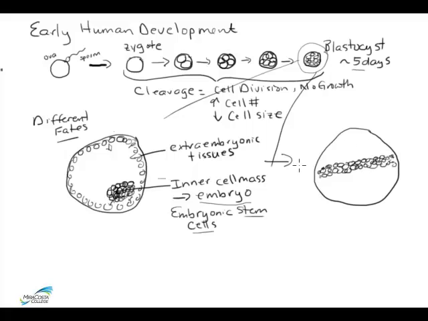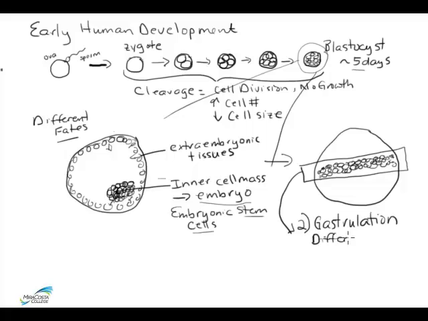Now what happens next is that we're actually going to see this primitive embryo undergo the next stage of development, which is called gastrulation. Gastrulation marks the first time point in development where we see differentiation of these inner cell mass cells into specific tissue types.